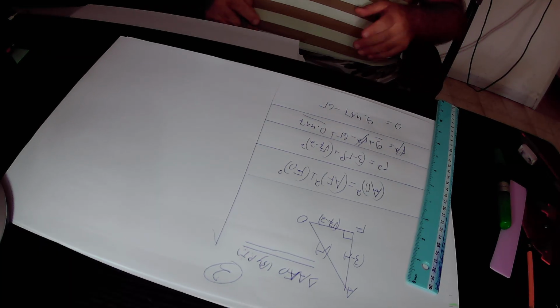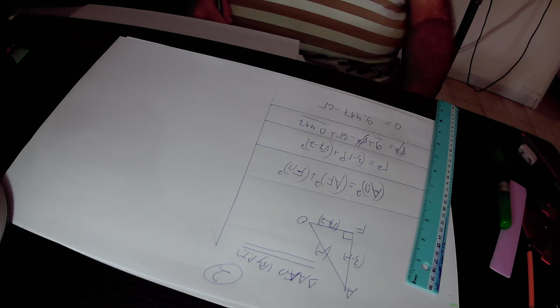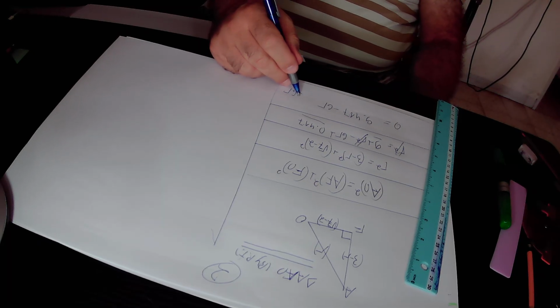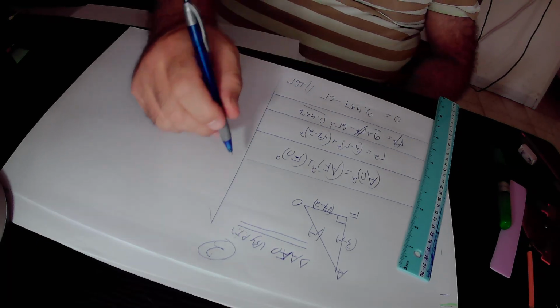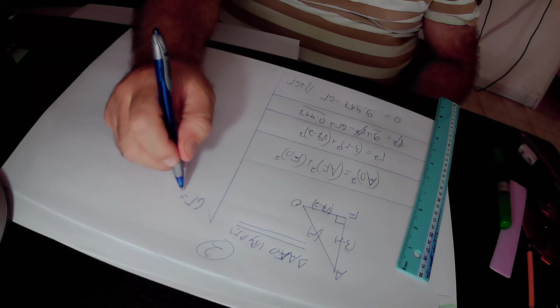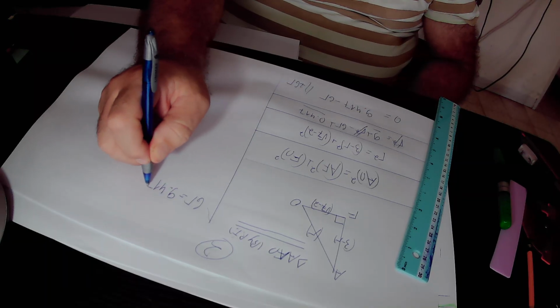So 0 equals 9.417 minus 6R, and you get that 6R equals 9.417.